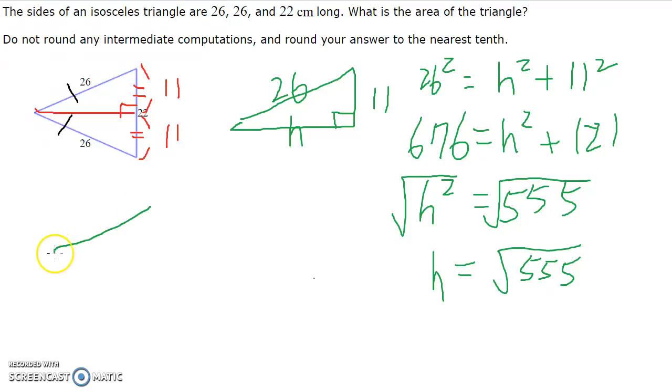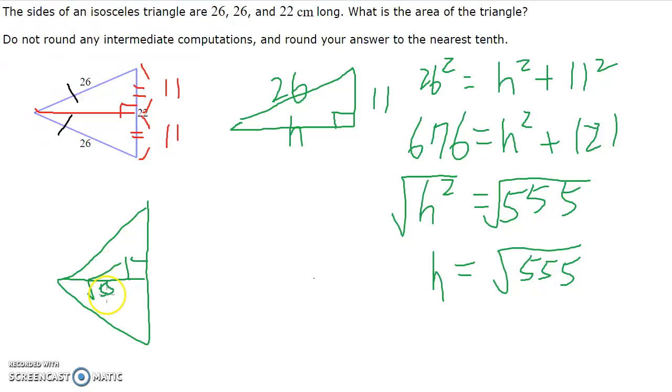I can use the height. Maybe draw that better. So now I have a vertical height, and that vertical height is square root of 555. And what's my base? My base was given, that's 22, correct?